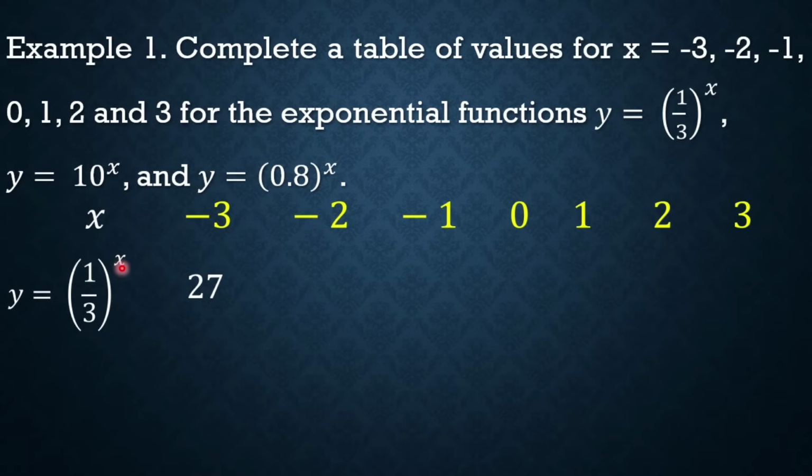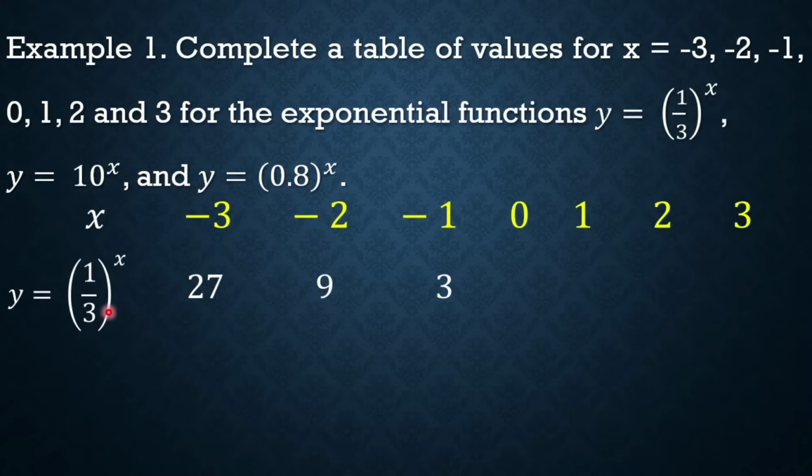Since ang exponent natin ay negative, kunin nyo lang ulit yung reciprocal and that will become 3 squared and the answer is 9. So 1/3 raised to negative 1, get the reciprocal, and 3 raised to 1, that is 3. So kinuha natin yung reciprocal para maging positive yung exponent natin.